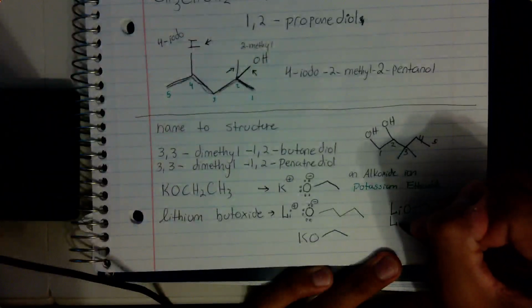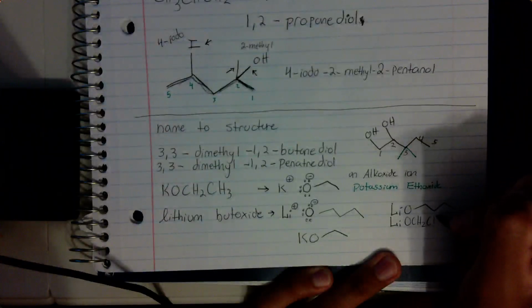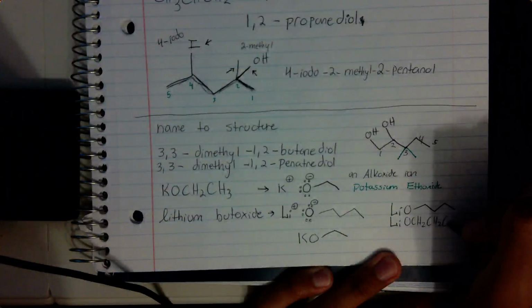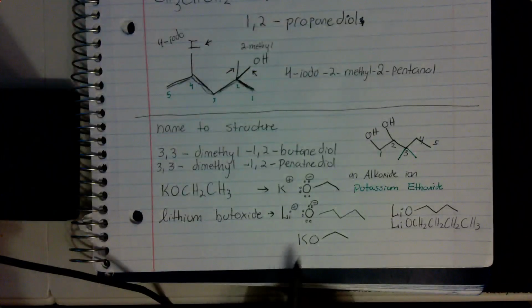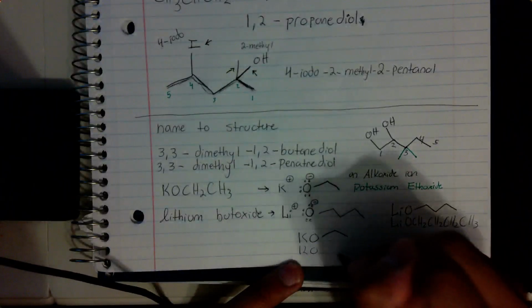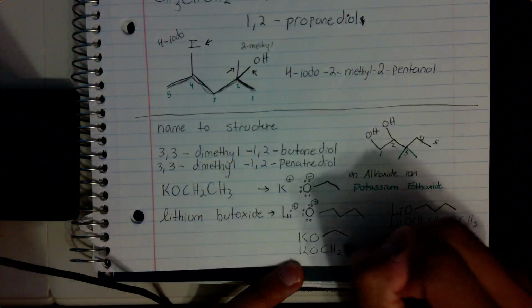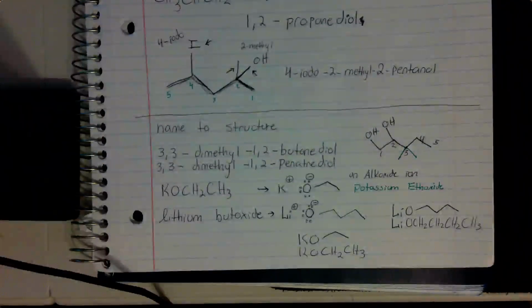You could even show it as LiOCH2CH2CH2CH3. And you can show this compound right here as KOCH2CH3. There are many, many ways to show this. Okay. So now we've learned how to go from the name to structure and vice versa of our alkoxide ions.